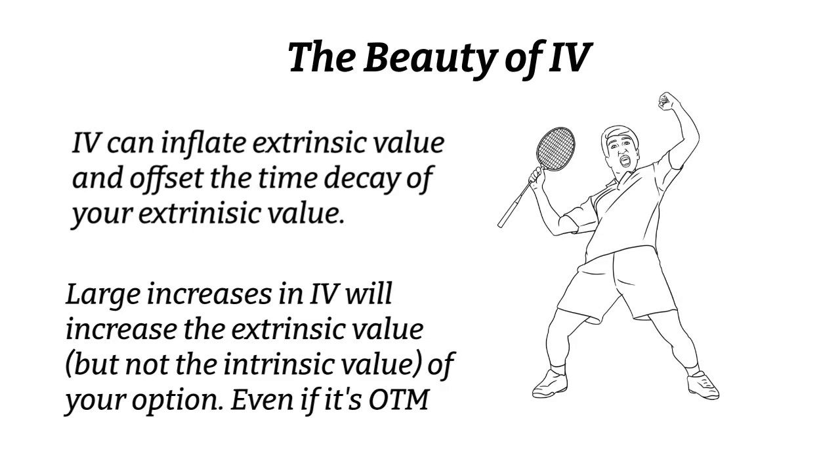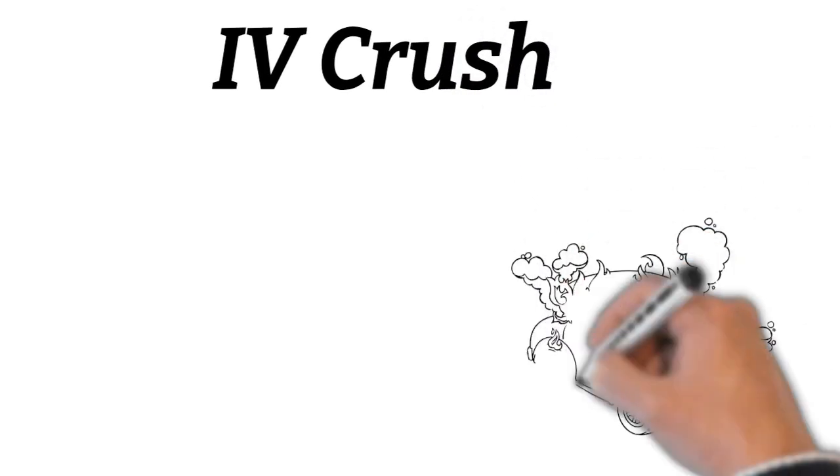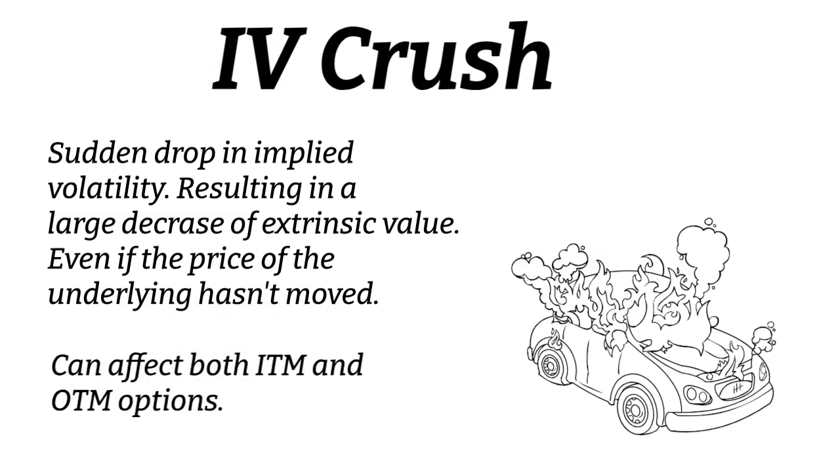But the opposite is also true, and that's what's known as IV crush. And this is when your option loses a lot of its implied volatility, and it has a direct effect on the extrinsic value of the stock. And then so suddenly you wake up overnight and your stock option is worth 50% less than it was yesterday, even though the underlying is still trading around the same price.